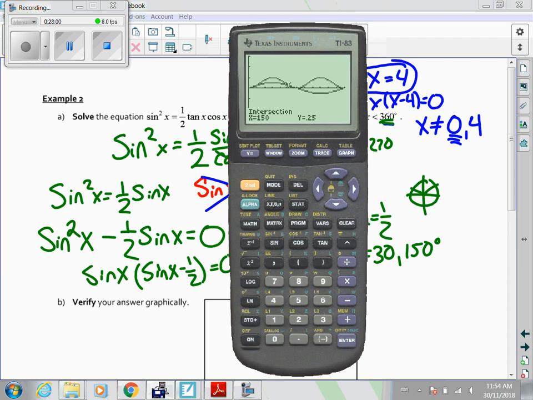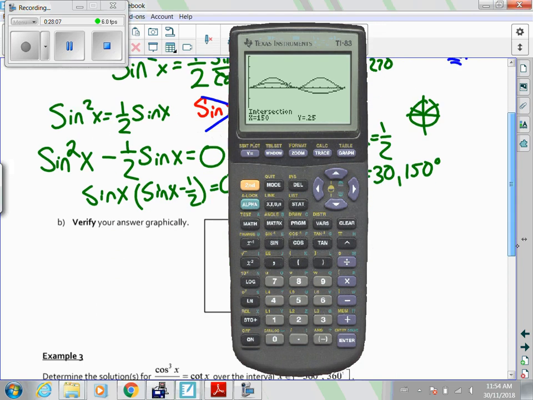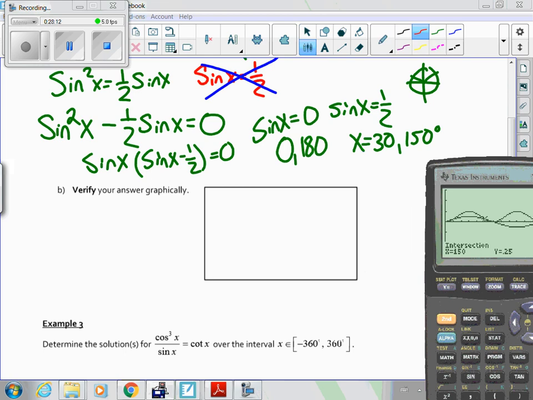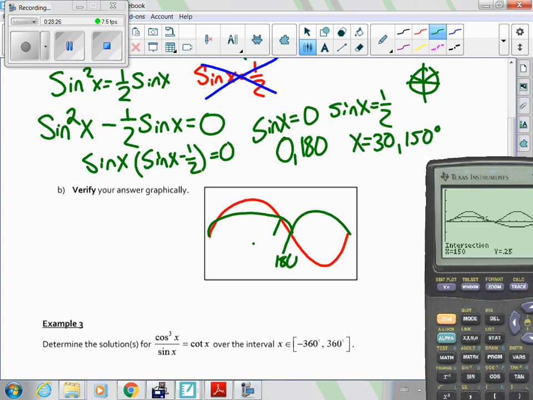Again, I can see it's kind of in both places here, but we'll just assume that we can get the rest of that out. If I drew this out here, I would have something like that, and something like that. And so my solutions are 180, 150, 30, and 360, except not 360 because it's not in the domain.